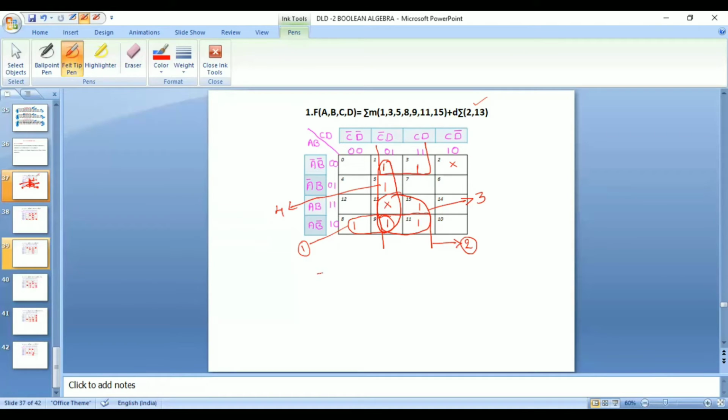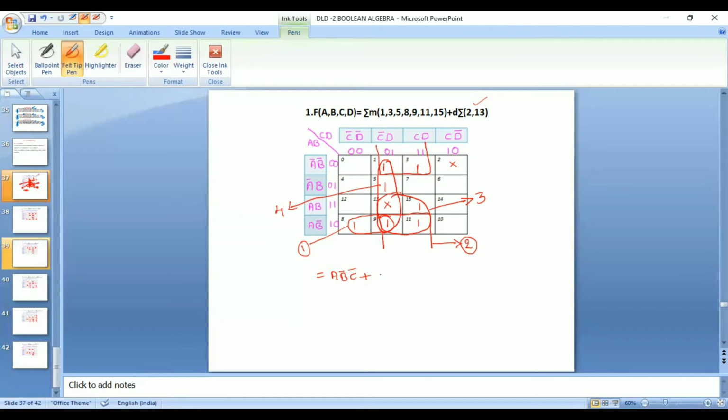Coming to the expression, for the first one, what are the common terms? A, B bar are the common terms horizontally, and vertically the common term is C bar. So this is the first answer. The second group, 9 and 11 and 1, 3, make one quad.